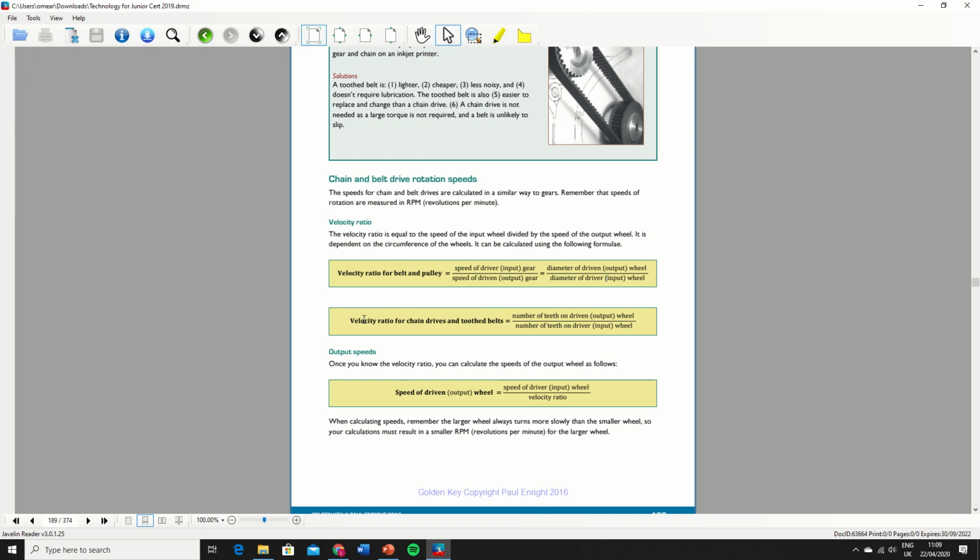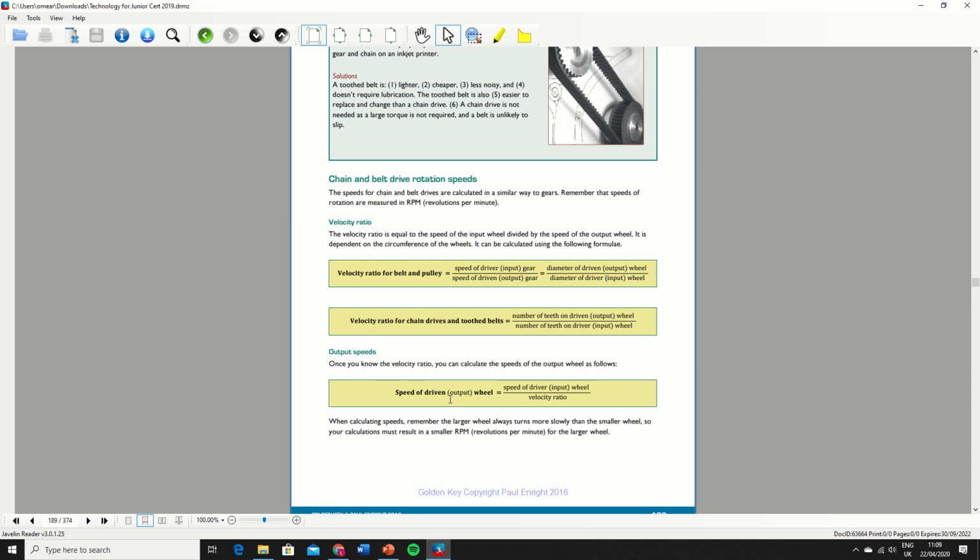Okay, so the velocity ratio for chain drives and toothed belts. Because it's a toothed belt, it's the number of teeth on the driven wheel over the number of teeth on the driver wheel. Again, just think of your double-decker bus, driver on the bottom, driven on the top. So once you have calculated the velocity ratio, you can then calculate the speed of the output wheel.